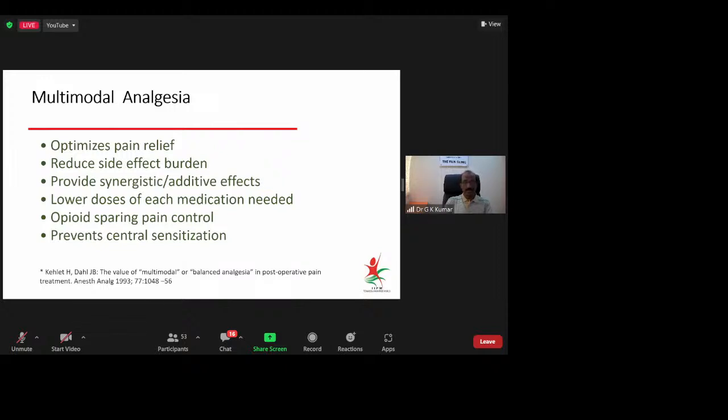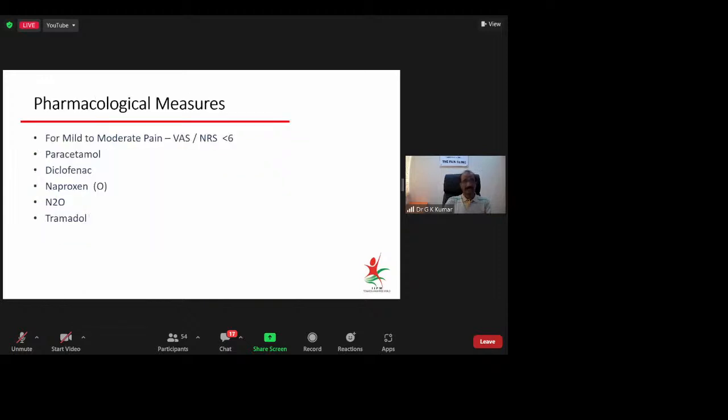The most important reason for combining drugs is the synergistic effect. Lower doses of each medication are achievable, giving opioid-sparing pain control. Now the whole world is talking about opioid-free anesthesia and pain relief, and multimodal analgesia also prevents central sensitization and, of course, the chronic pain process.